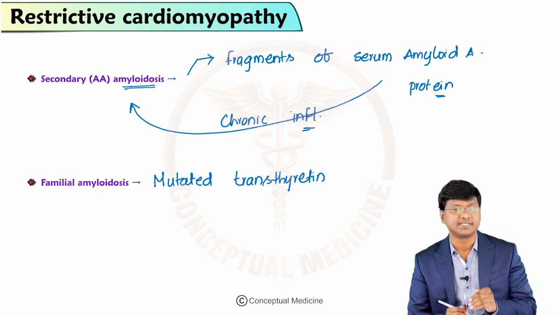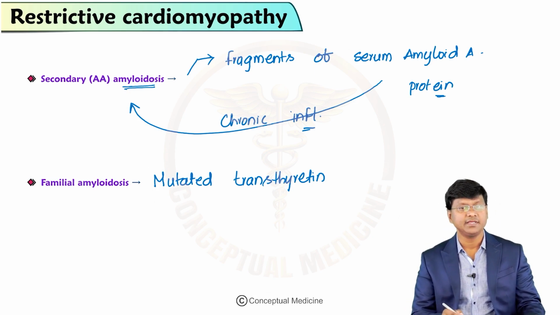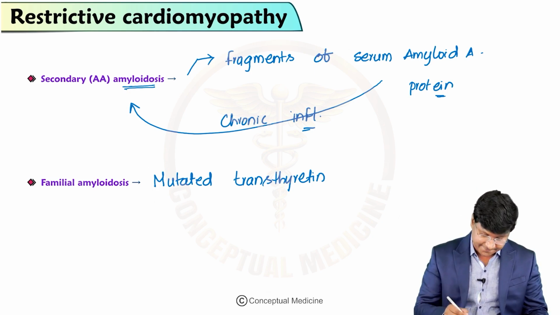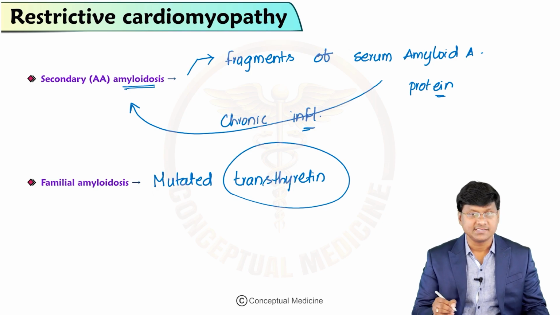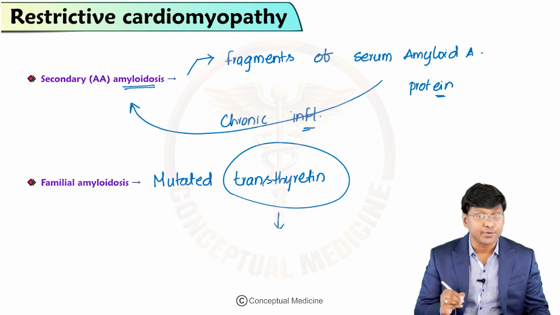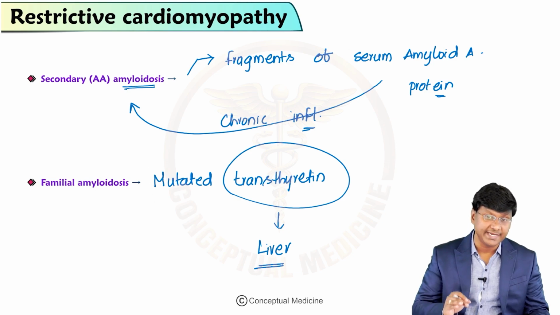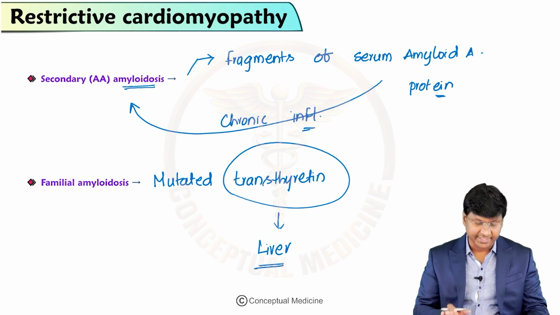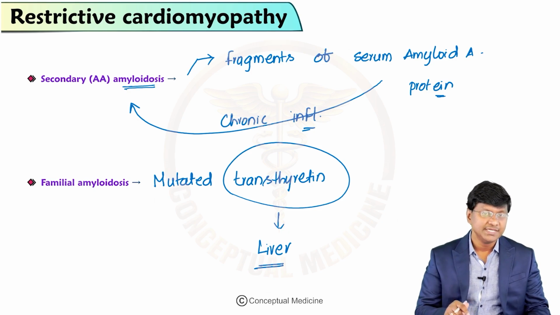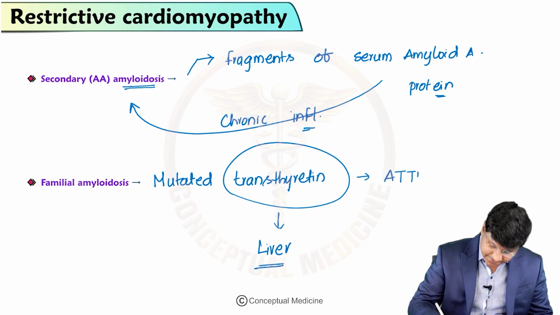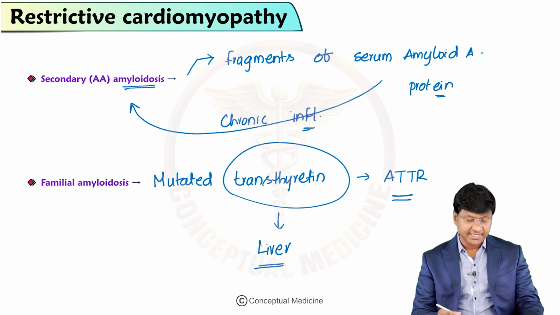This transthyretin is produced almost entirely in the liver. And in familial amyloidosis, it is the accumulation of the mutated transthyretin, which is nothing but ATTR.